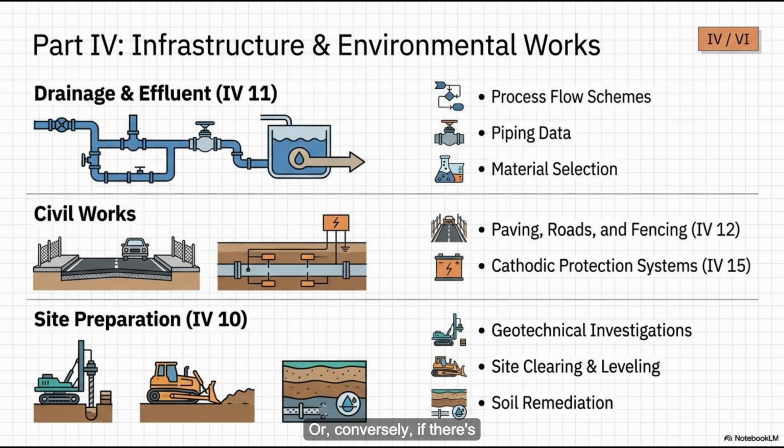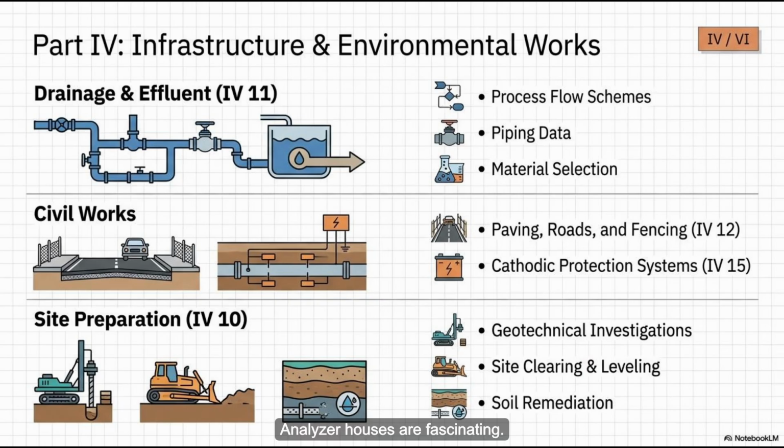Or, conversely, if there's a fire inside the building, you might need it to ramp up and purge smoke so people can see to escape. The HVAC has to talk to the main safety system. That's why the index treats it with the same respect as a chemical reactor. It's a safety-critical system. That is wild. It really shows how interconnected everything is. The list also mentions telecommunication systems and something called analyzer houses in Section 4V17.